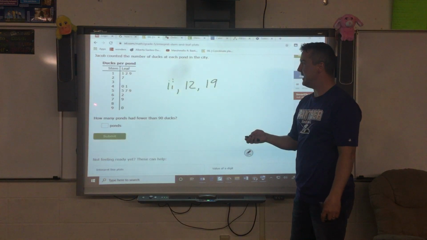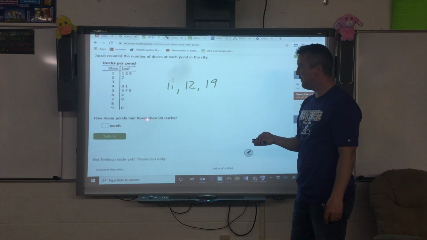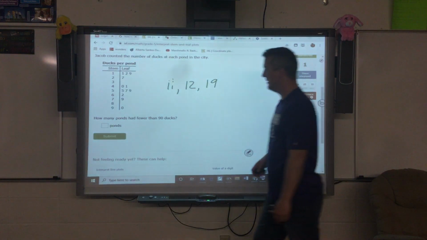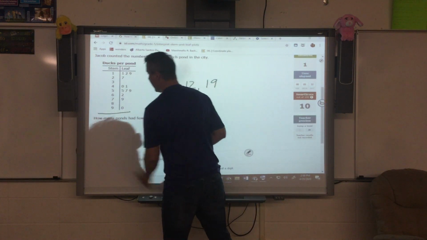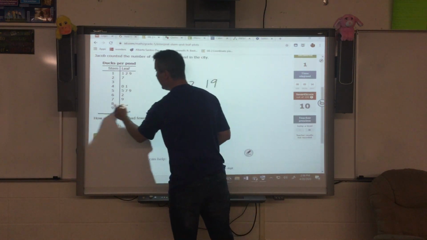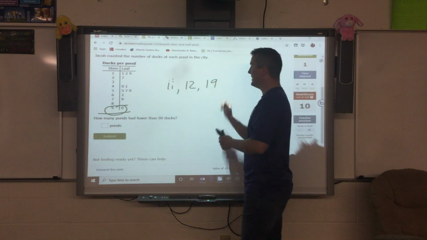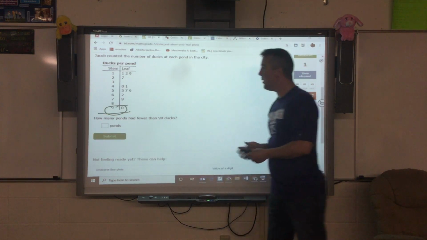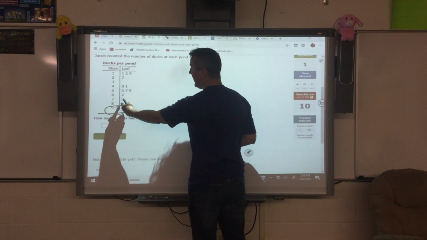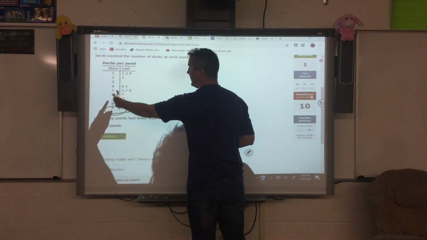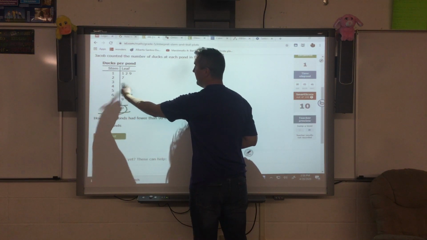Now, the question asks me, how many ponds had fewer than 90? Well, here's 90. How many of them had less than 90? I don't include 90 in that, so I've got to see all these that had less than 90. There's nothing in the 80s, so there was a 79, a 62, a 55, a 57.